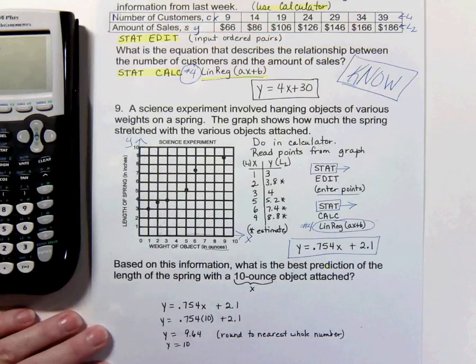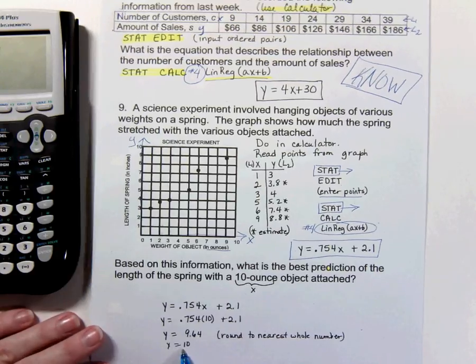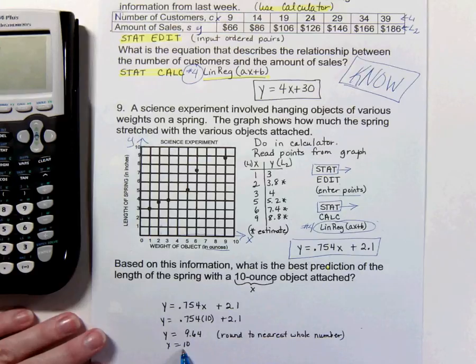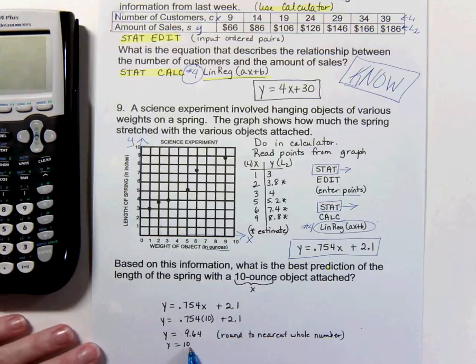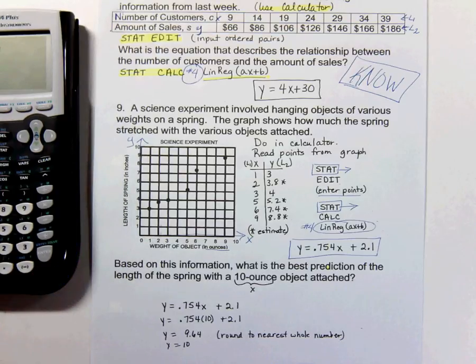So round this to the nearest whole number, and you'll have your answer as 10. So the best prediction of the length would be 10 inches because the spring is in inches. Anyway, that is 3-2.